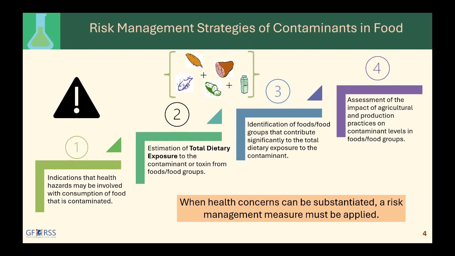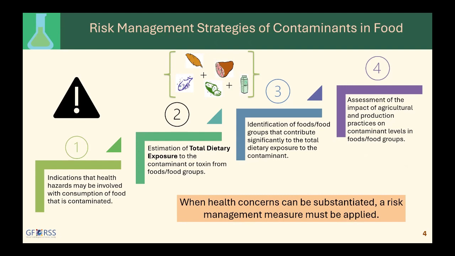Great. Now, so identification of foods, food groups that contribute significantly to the total dietary exposure to the contaminant. That's one thing that we did now. But what we can also do and what we should investigate is to assess the impact of the agricultural practices, the production practices on contaminant levels in food. So I'm starting to develop my complete dossier related to this contaminant.